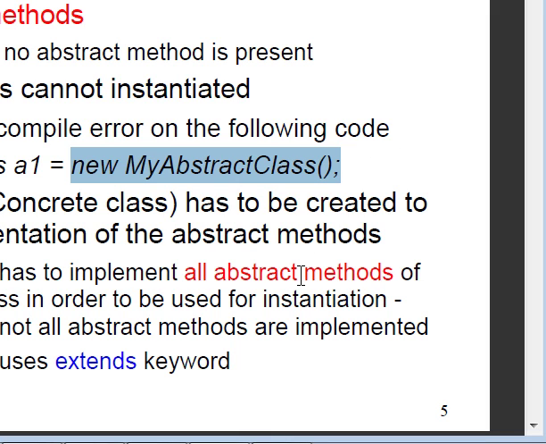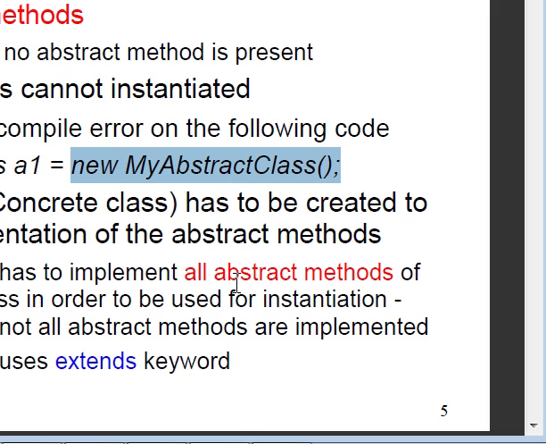What that means is that you have to have what is called a concrete class or implementation class that provides implementation of those abstract methods. The concrete class that implements those abstract methods has to implement all abstract methods of the abstract class, meaning you cannot pick and choose only a portion of those abstract methods.